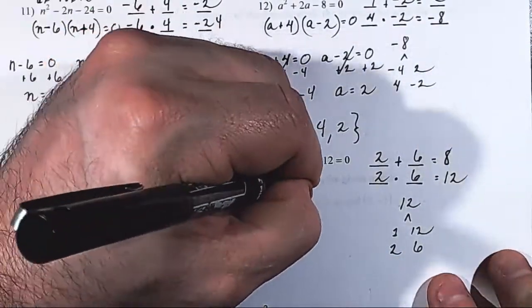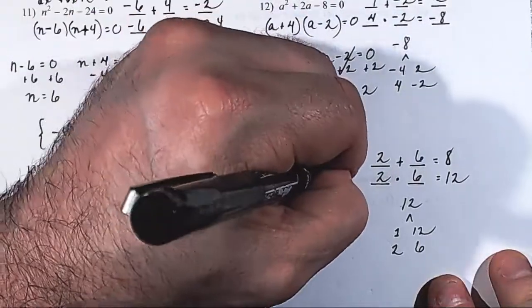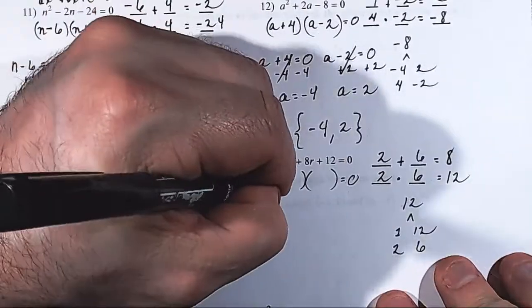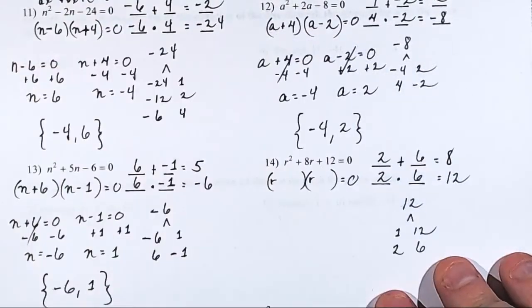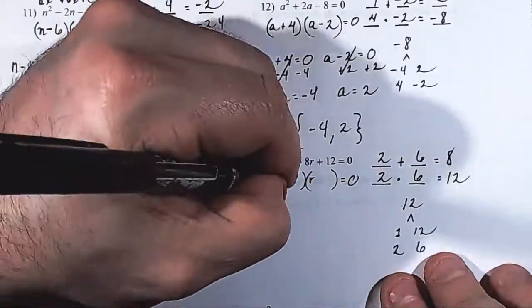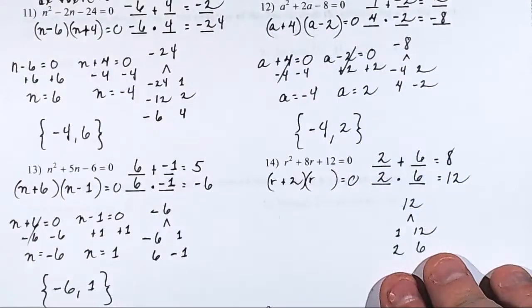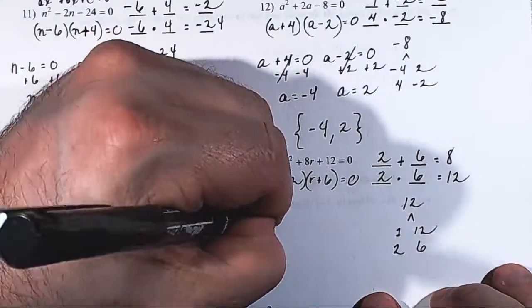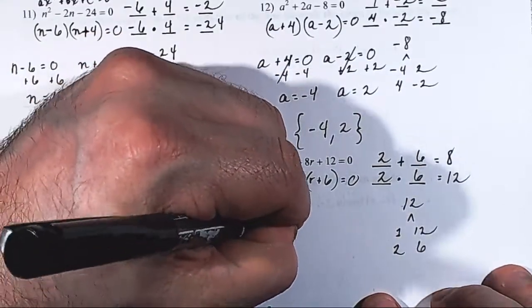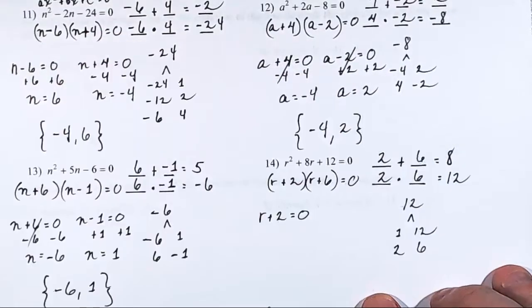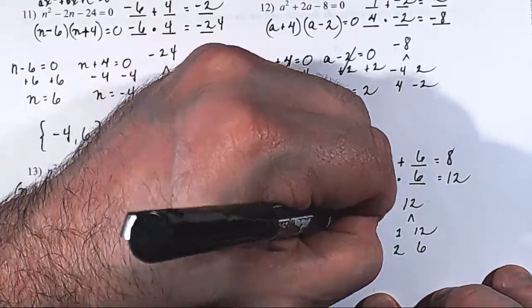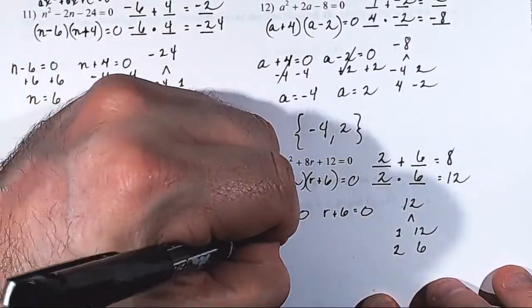So now we'll turn the standard form quadratic into a factored form quadratic. You have r, and we'll put plus 2 and plus 6. Take those factors, set them equal to 0 individually. And then solve.